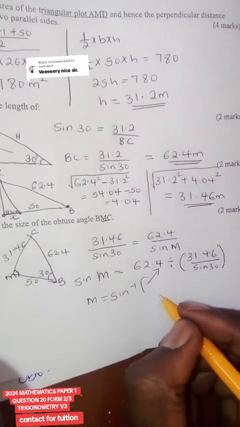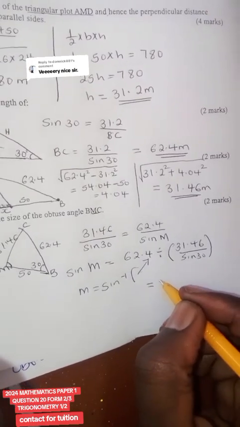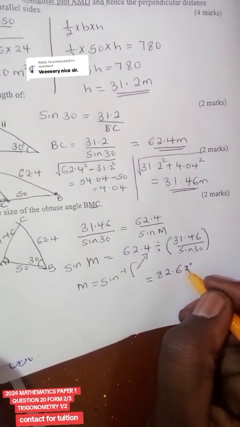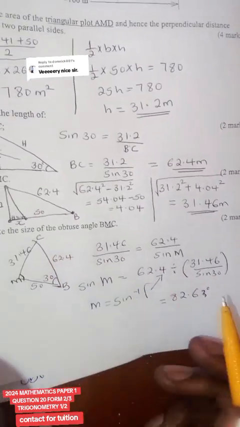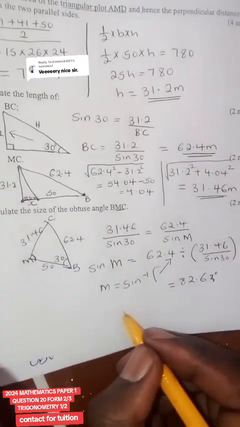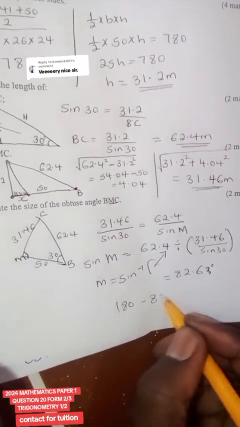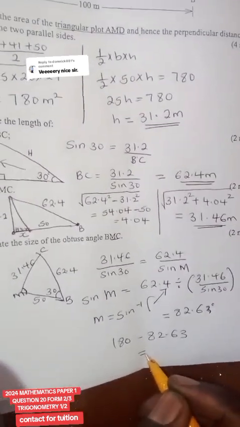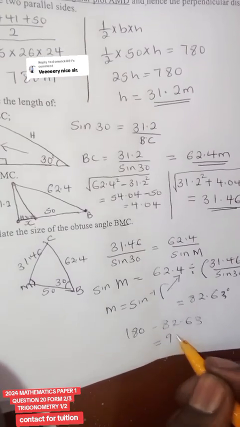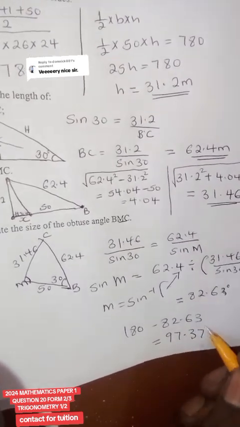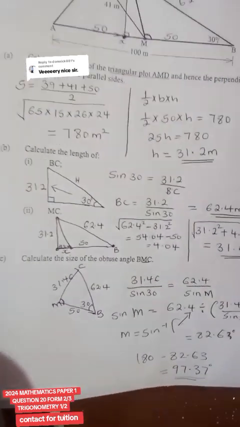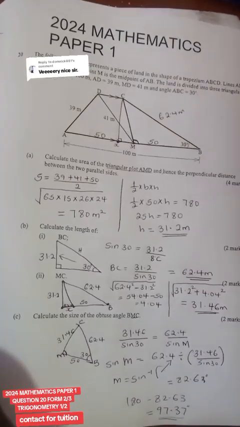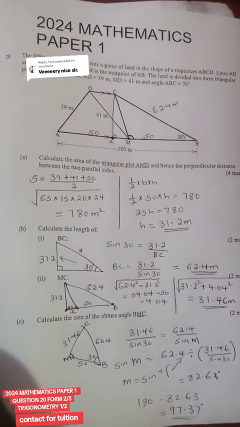By calculating, I'm supposed to be having 82.63. Now we go back to the main question. It was the obtuse angle. Therefore, to find the obtuse angle, I will just have 180 minus 82.63, giving my final answer to be 97.37 degrees. And that is how that question that is termed to be complex was supposed to be tackled in the KCSE paper. Thank you very much.